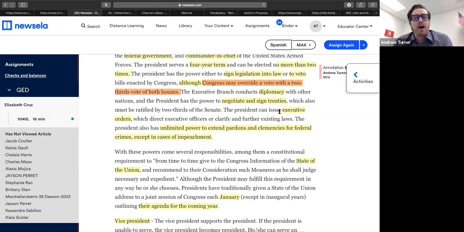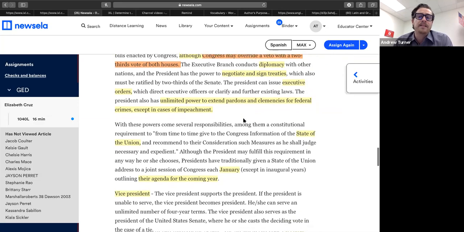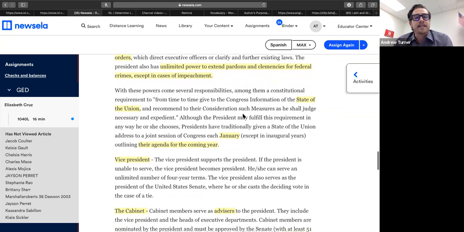The president can issue executive orders, which direct executive officers or clarify and further existing laws. The president also has unlimited power to extend pardons and clemency for federal crimes, except in the case of impeachment.